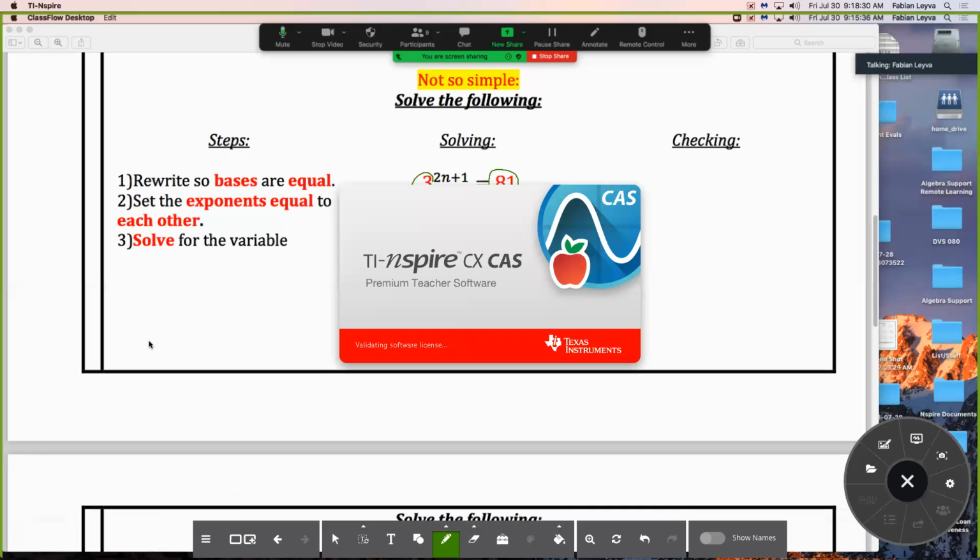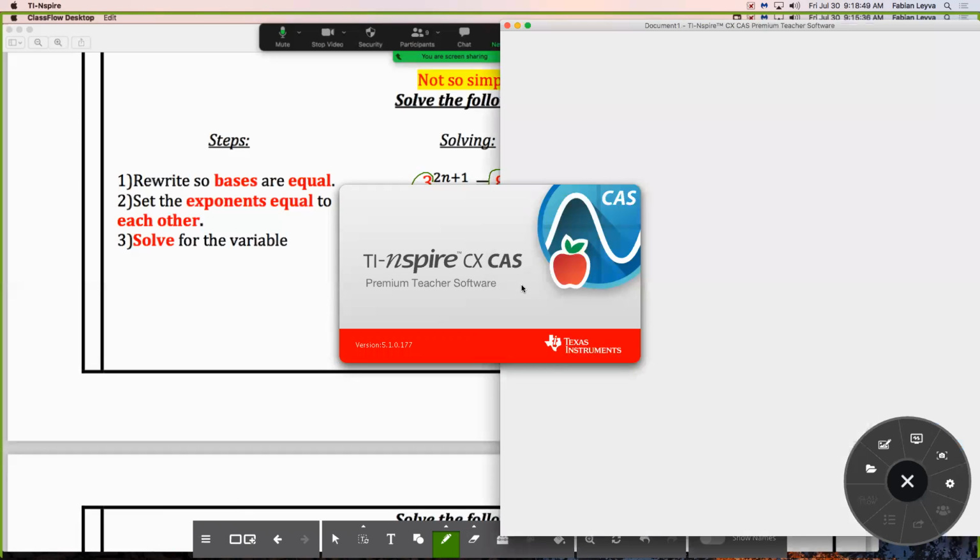Now, of course, there's probably some of you that know that off the top of your head, but I am not one of them. So what I like to do is always have my calculator in hand to figure out what those exponents are, or if I could rewrite 81 as a base of 3. So you see my calculator is loading up. Give it some time, please, and we'll show you how.